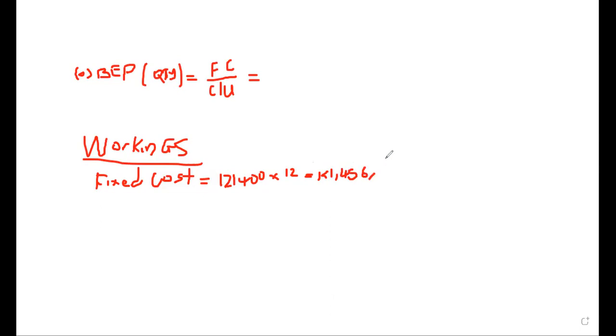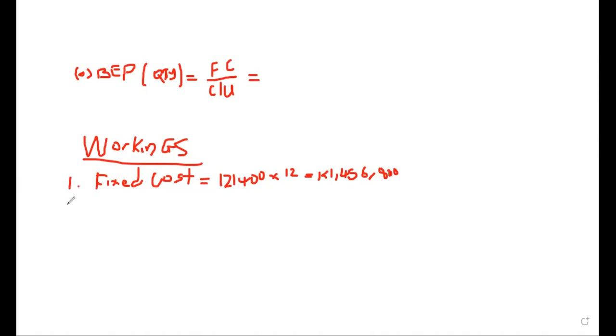So this is the total fixed cost for the year 2021. So this is working number 1.